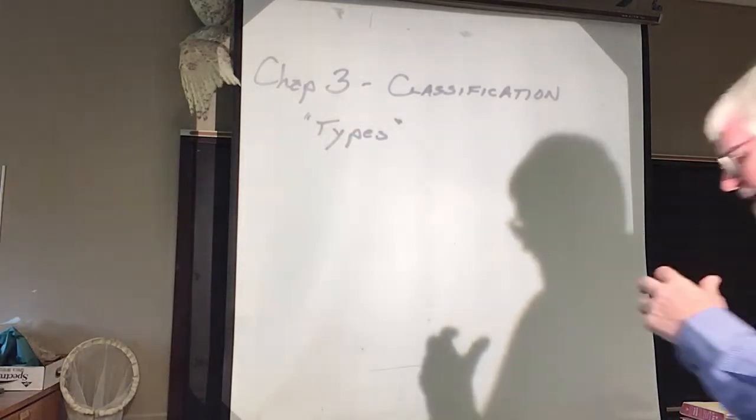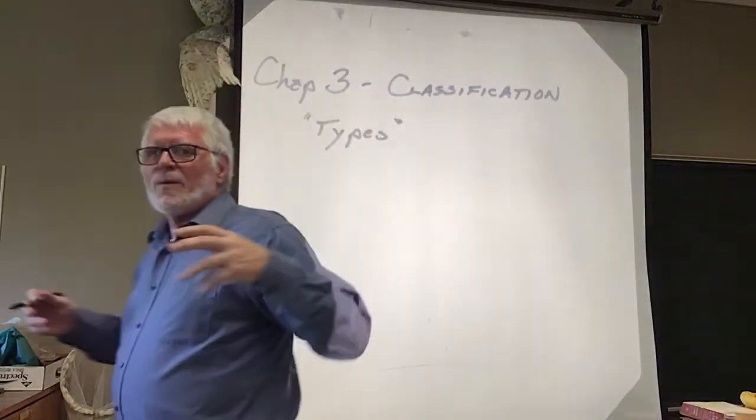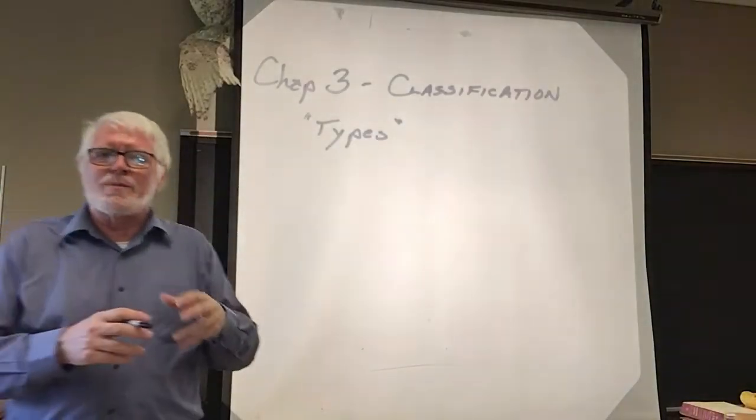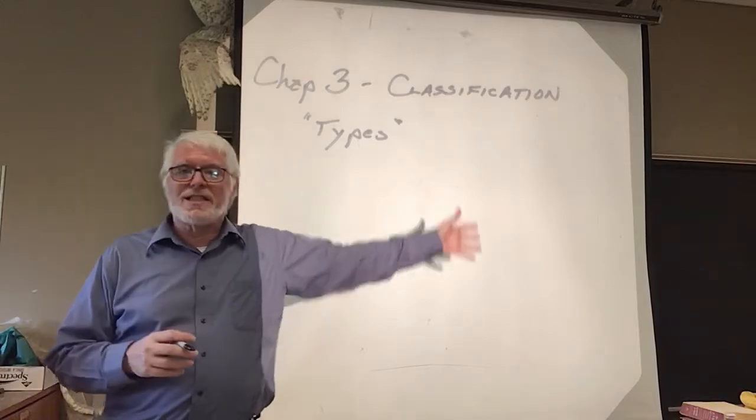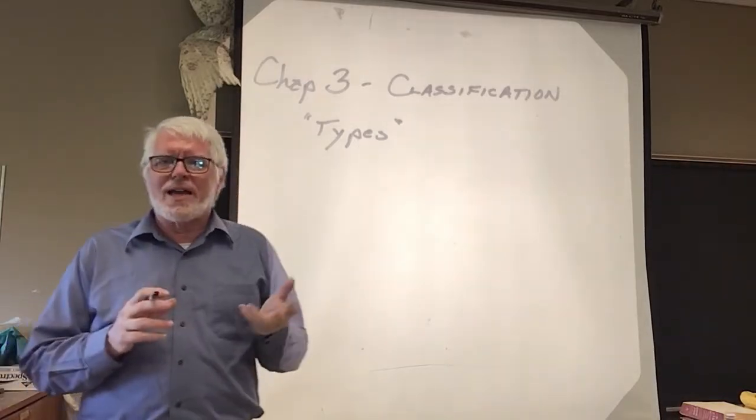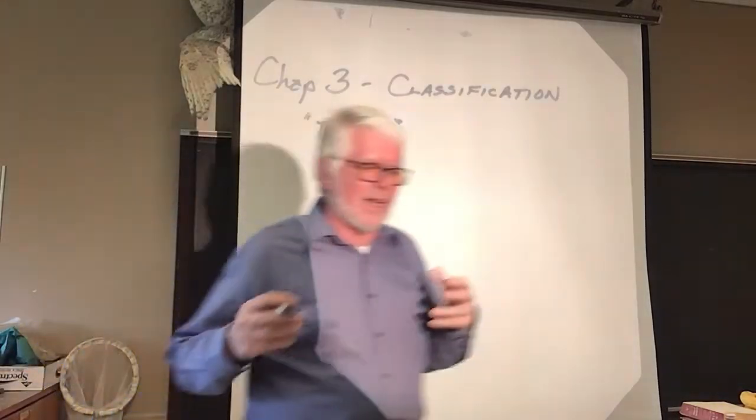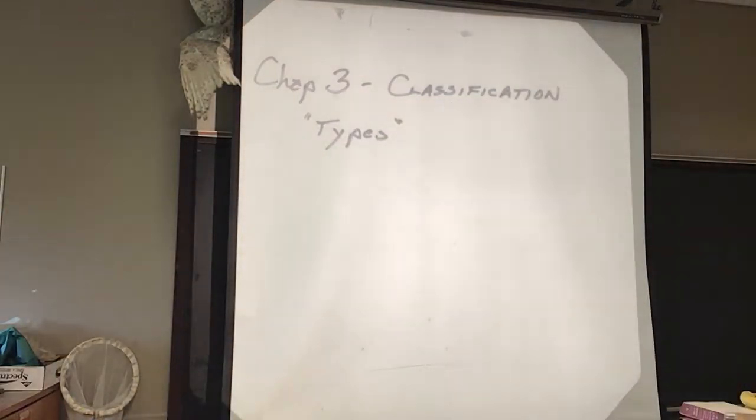So what makes this thing related to that thing? This thing more closely related to that thing, this thing more distantly related to that thing. How do we find the relatedness of one group to another?